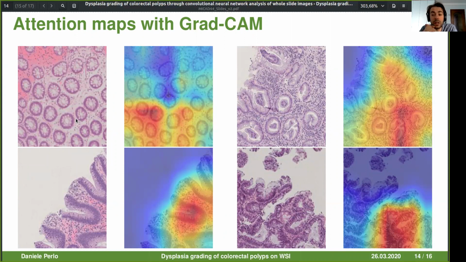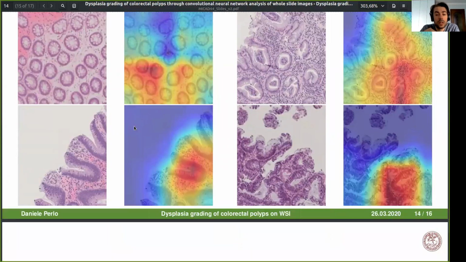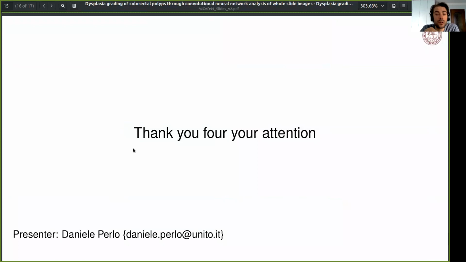For dysplasia, in the bottom right corner, we have an example of high grade of dysplasia, and we can see that the network is focusing on the paraneoplastic lesion. Thank you for your attention.